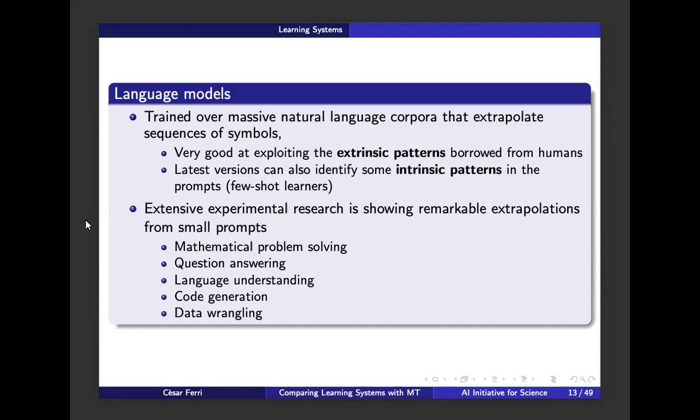However, these strong versions can also identify some interesting patterns in the prompts. I will explain a little bit about prompts. And in the last two or three years, there are papers where the authors have demonstrated that these kinds of models can solve, for instance, mathematical problems, or question answering, or language understanding, even code generation.